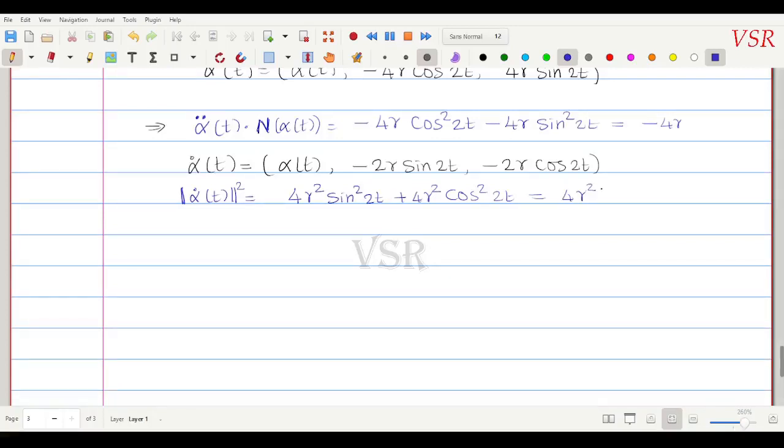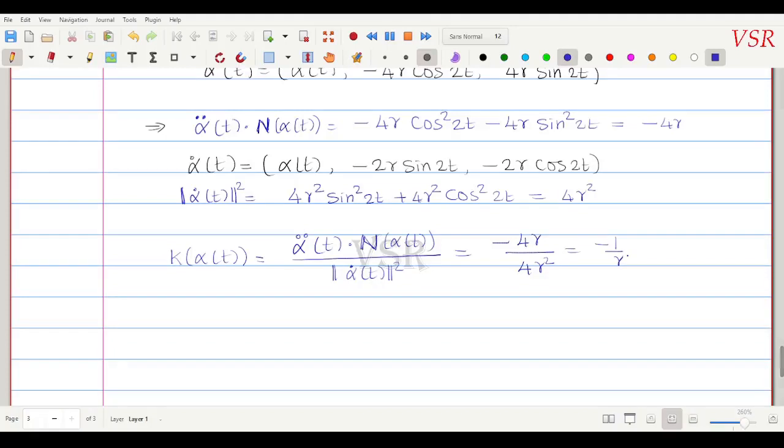Okay, அப்போ the kappa value, kappa of alpha of t which is equal to alpha double dot of t dot product with n of alpha of t divided by norm of alpha dot of t the whole square, which is equal to minus 4r divided by 4r square. So that is equal to minus 1 by r.